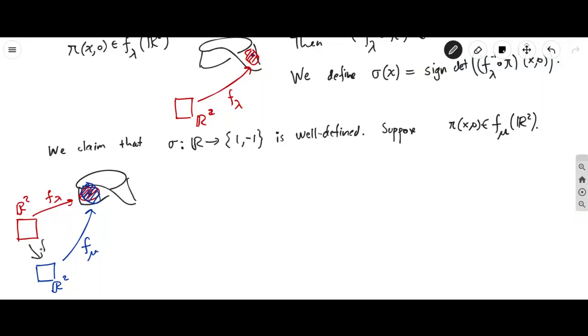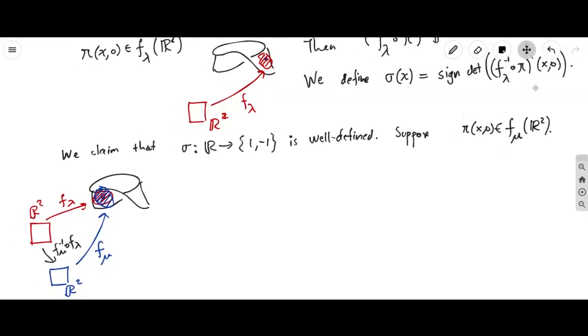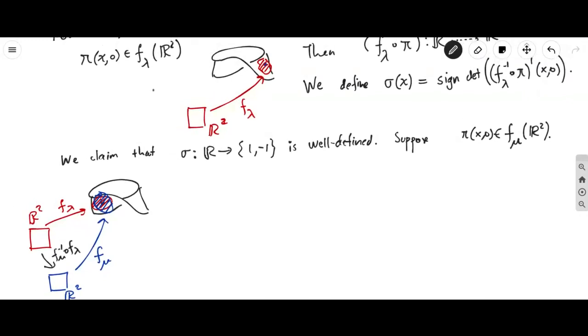So that would be F mu inverse composed with F lambda. And what we know about this map from that chart to that chart is that it is orientation preserving, because that's the assumption of what it means to be an oriented atlas. So we have the following relationship. On one side, we have F lambda inverse composed with pi.